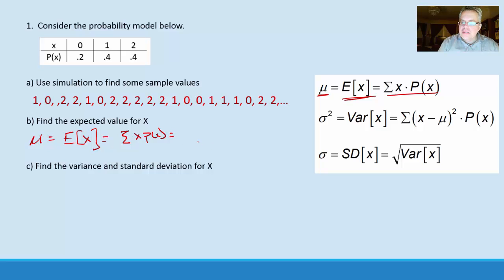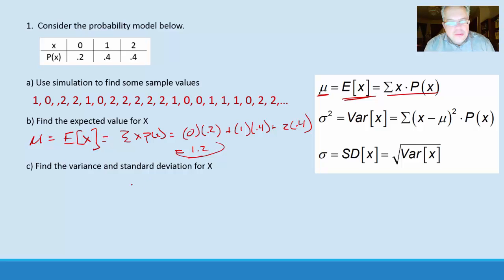So in this case, we'd have 0 times 0.2 plus the next value, 1 times 0.4 plus 2 times 0.4. And if we did this, we would get 1.2. So on average, in the long run, the average value for this random variable is going to be 1.2.